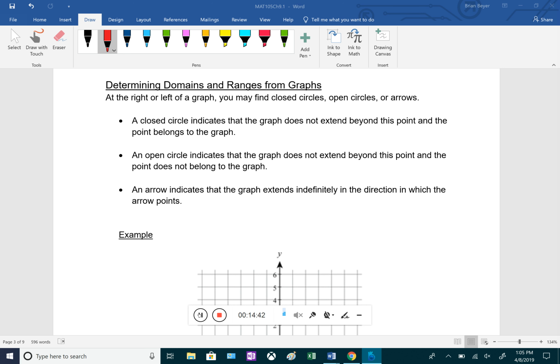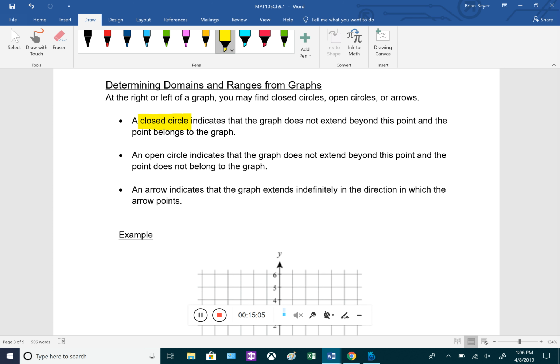So for graphs, for the endpoints on the graphs, we sort of have three options of what it can look like. We can have a closed circle, an open circle, or arrows. So a closed circle, meaning a filled in circle, means that the graph stops at that point, and that point belongs on the graph.